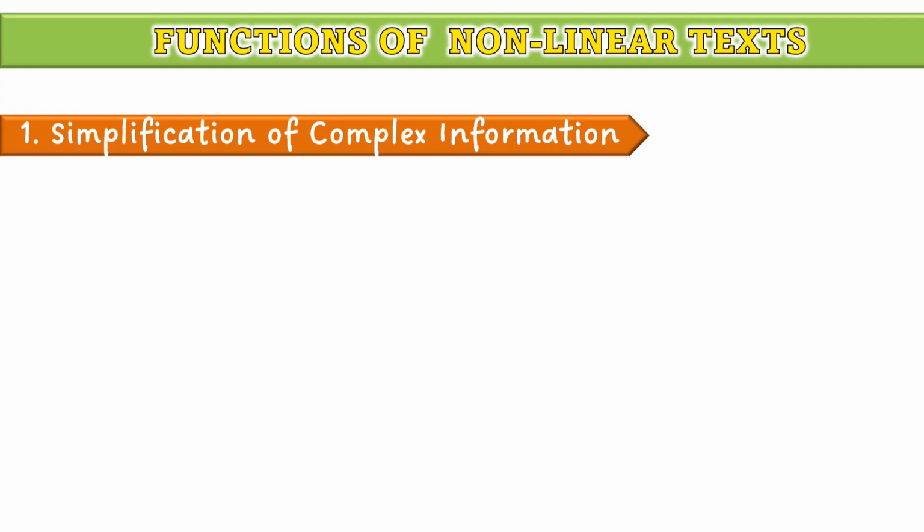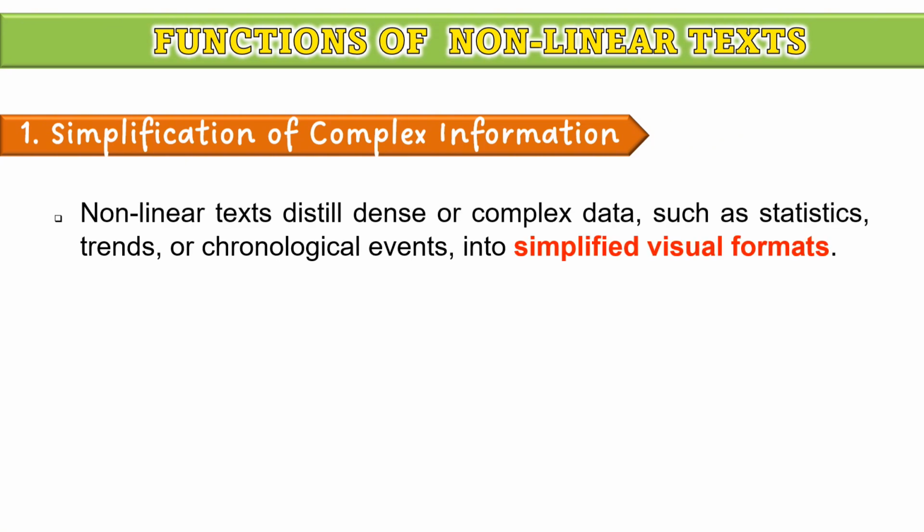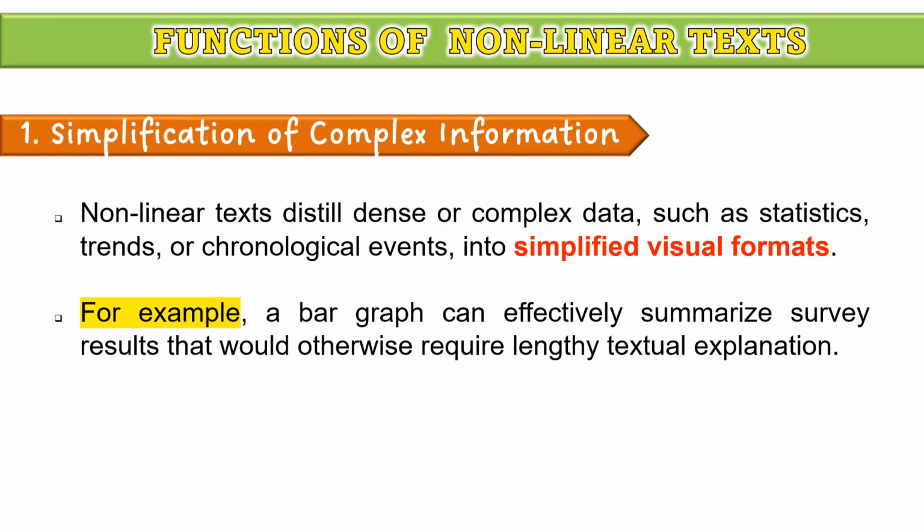Number 1. Simplification of complex information. Nonlinear text distill dense or complex data such as statistics, trends, or chronological events into simplified visual formats. For example, a bar graph can effectively summarize survey results that would otherwise require lengthy textual explanation.